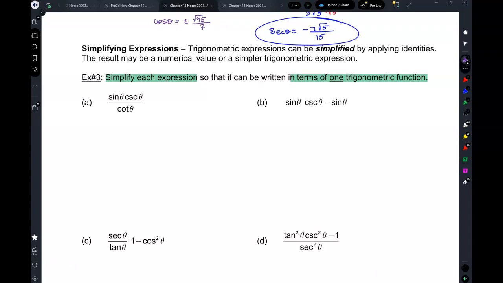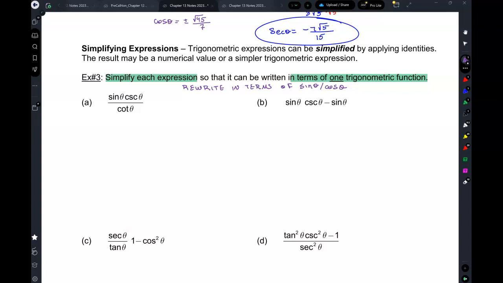The biggest trick I can tell you is rewrite in terms of sine of theta and cosine of theta. You see how I have cosecant, cotangent? Switch all of them into either sines or just cosines.